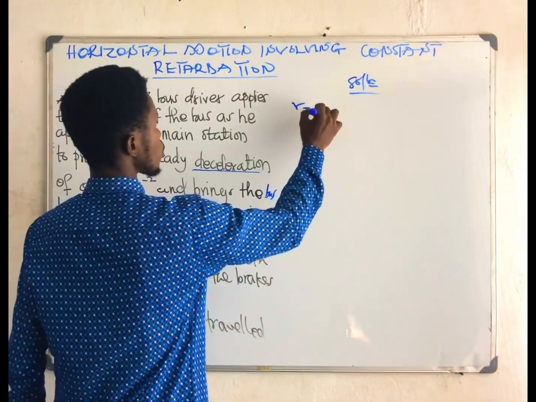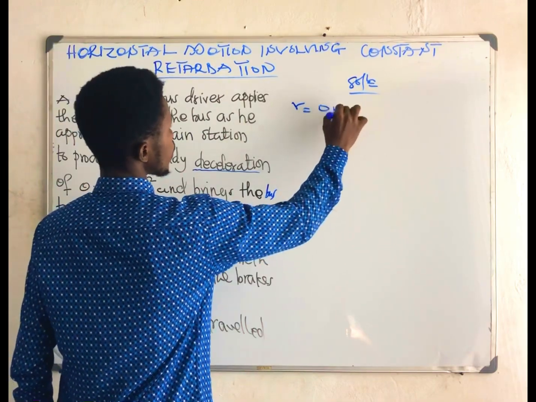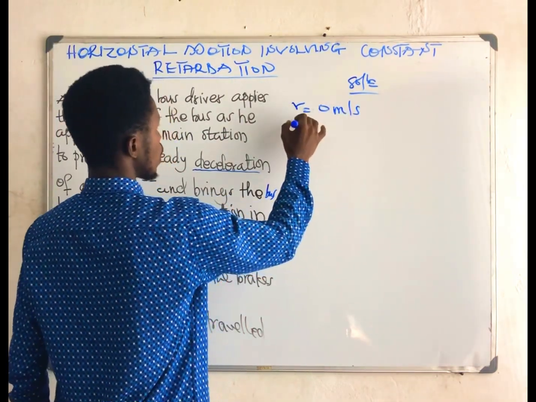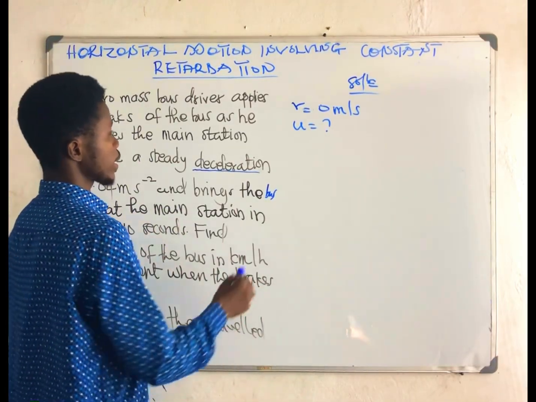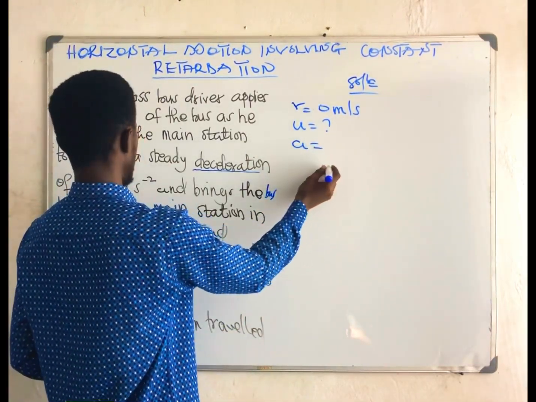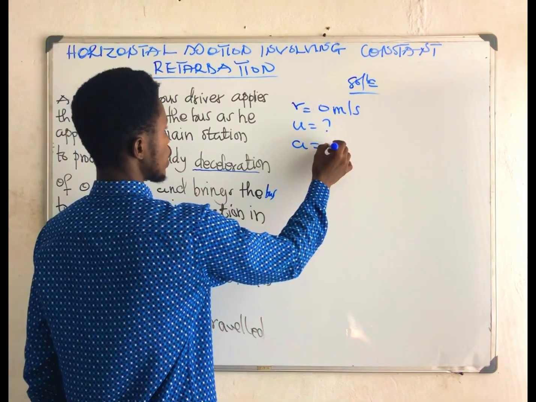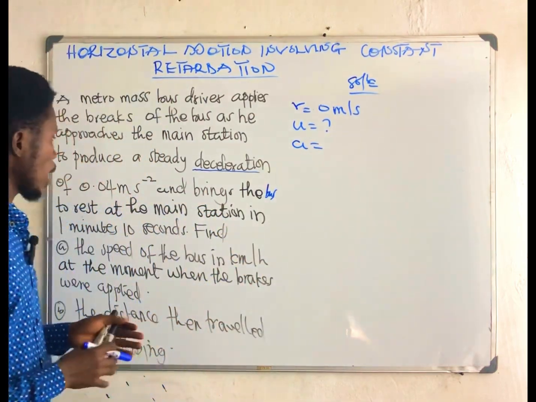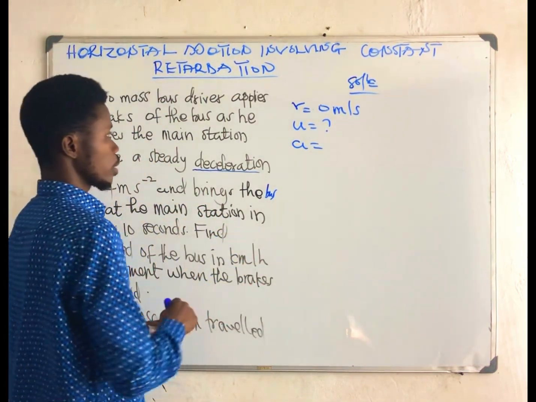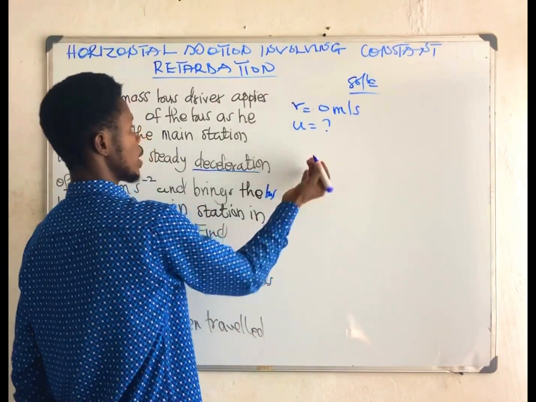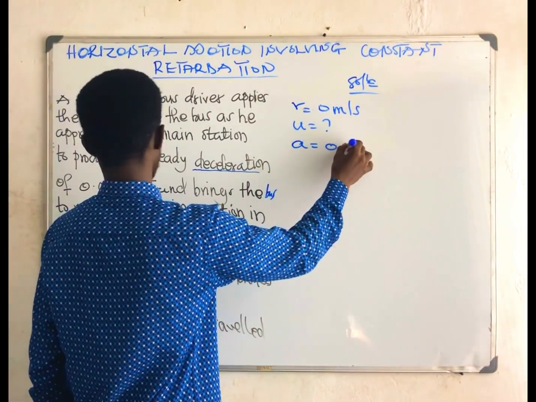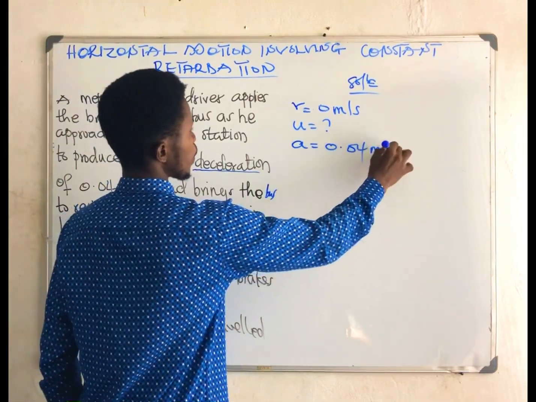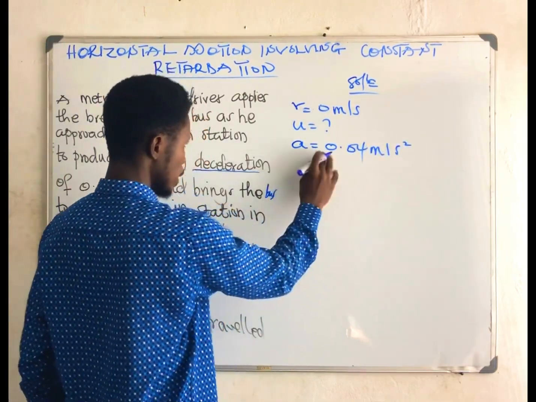Our V is 0 meters per second. Our initial velocity we don't know. Our acceleration is given as a deceleration of 0.04 meters per second squared. This is deceleration.